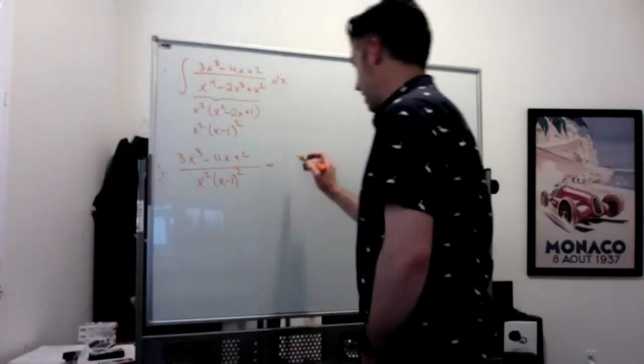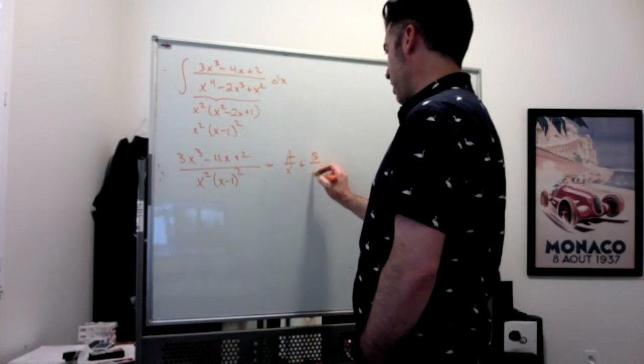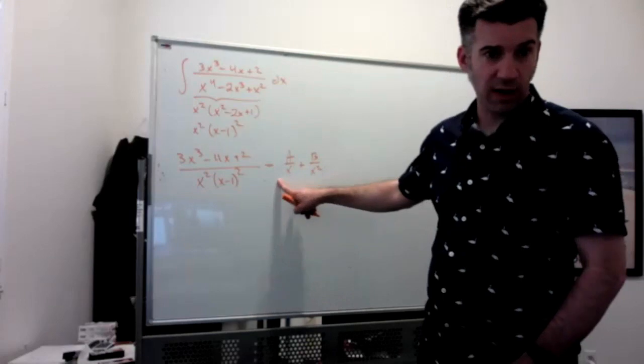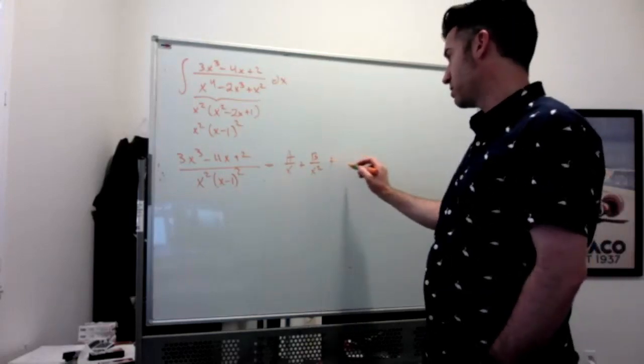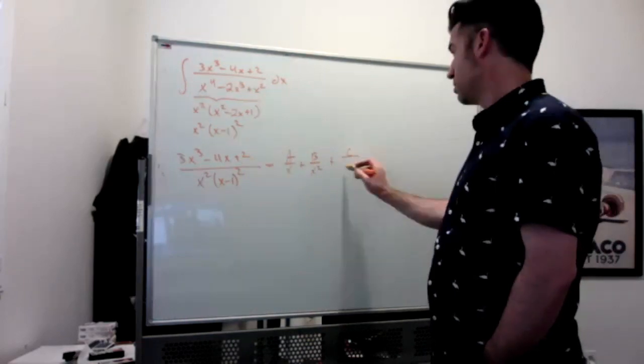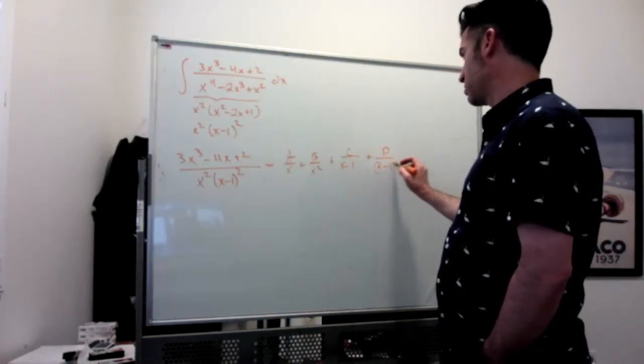I'm going to write that as a over x plus b over x squared. Right, so you want x squared in all the lower powers, and then you also want x minus 1 squared in all the lower powers. c over x minus 1 plus d over x minus 1 squared.